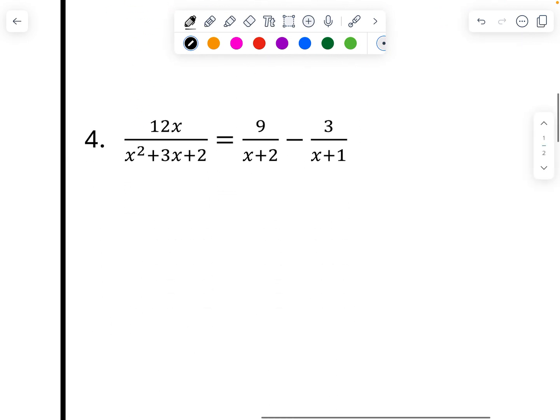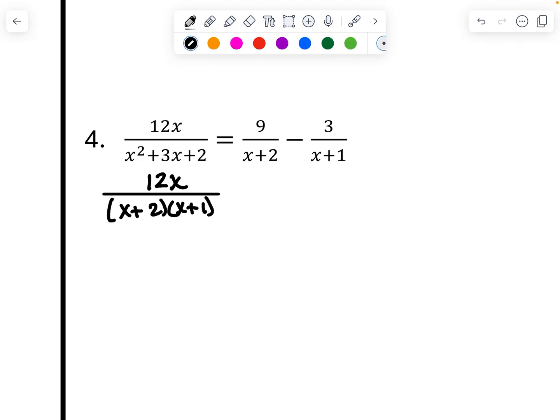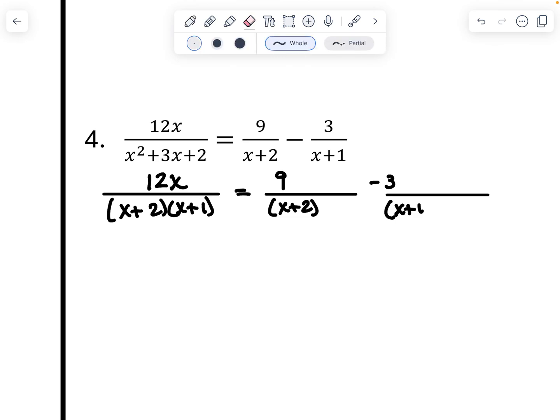All right, last one. We're going to rewrite this in factored form, so that's 12x. This is x plus 2, x plus 1, 9, x plus 2, minus 3, x plus 1.